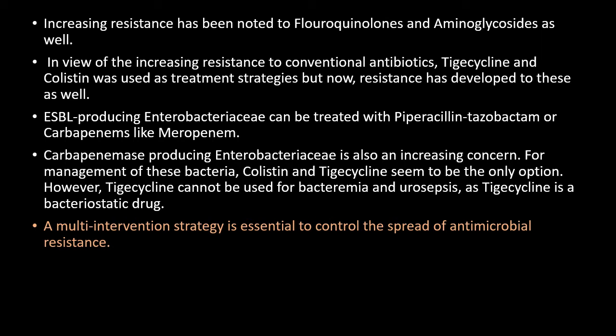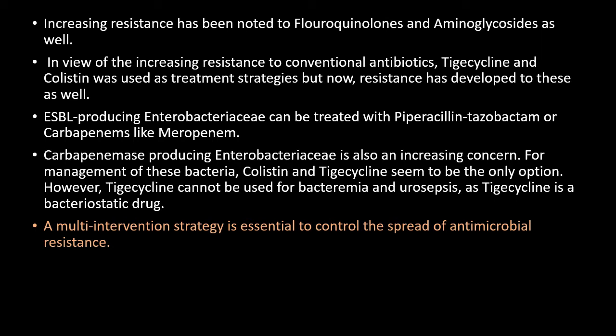In view of the increasing resistance to conventional antibiotics, tigecycline and colistin were used as treatment strategies, but now resistance has developed to these as well. So what is done if resistance to first-line antibiotics is gained by bacteria?